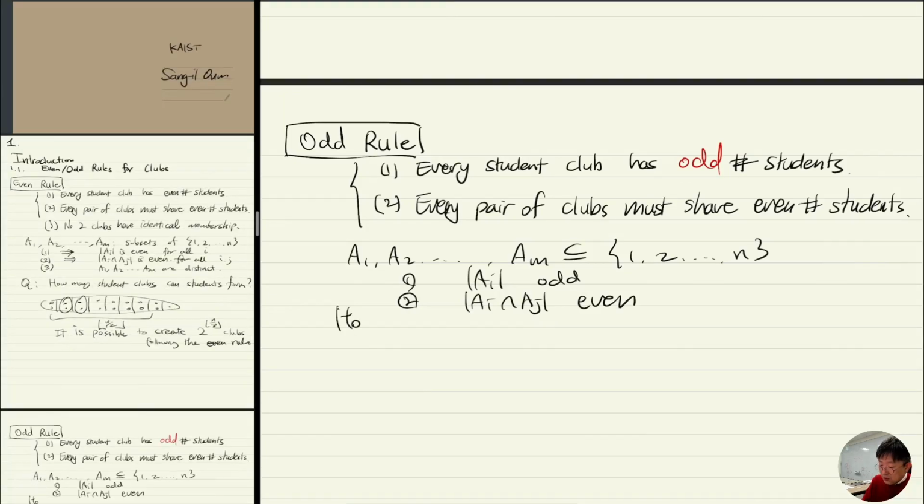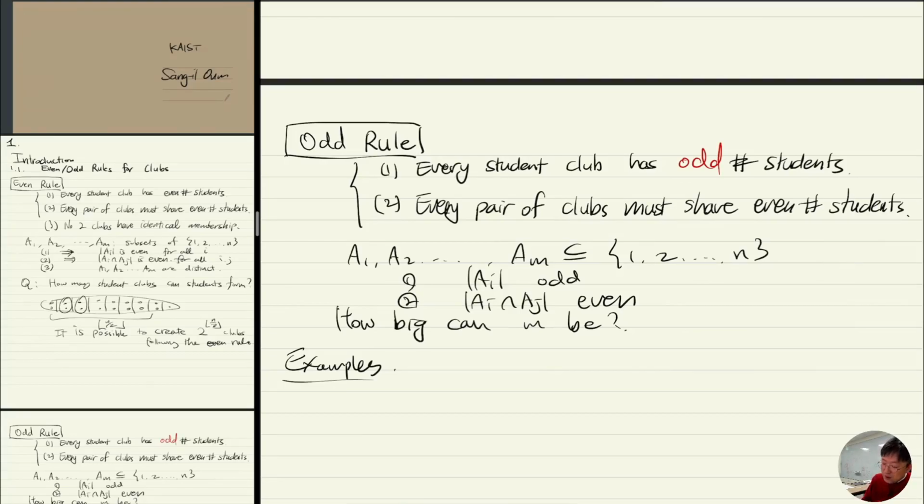So how big can m be? How can I increase m as much as possible? What are the examples? In the previous situation with the even rule, you could make 2 to the n over 2 distinct clubs.